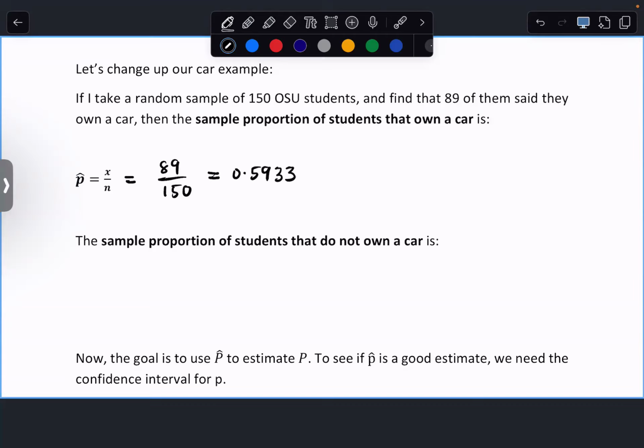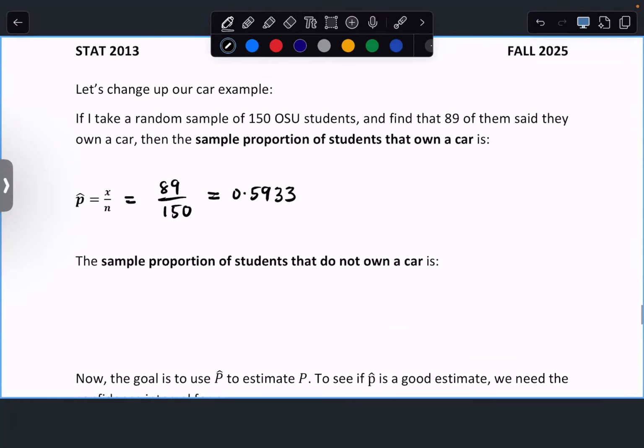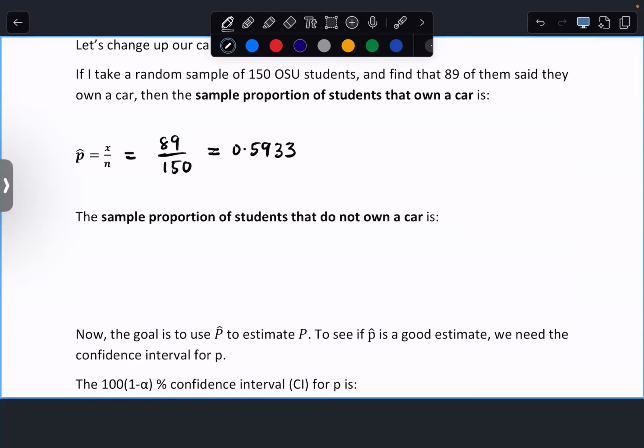So if I ask, what is the proportion of students who do not own a car? How will you find this? Okay. So yes, you can multiply this one by 100 to get a percent, right? That would be 59.33%. Yes, those who own a car. Great.